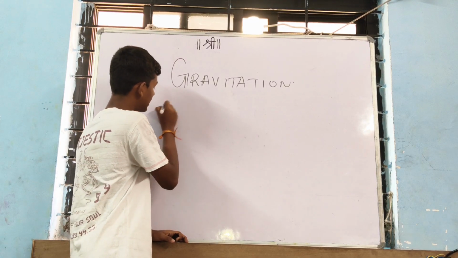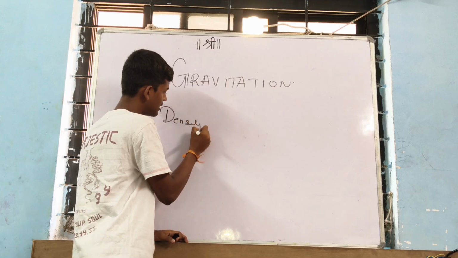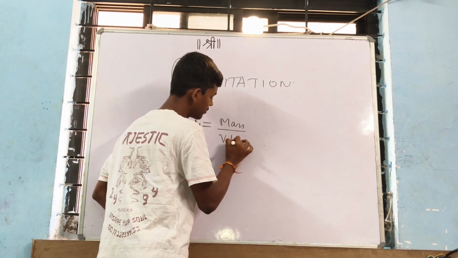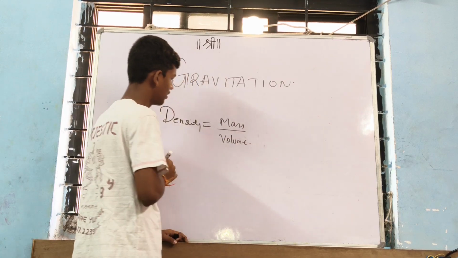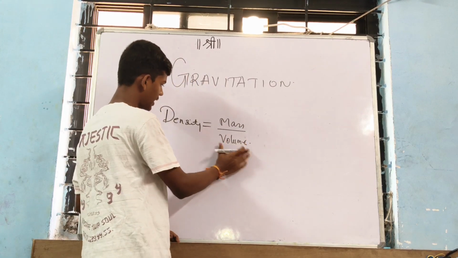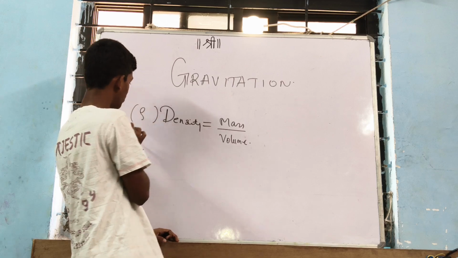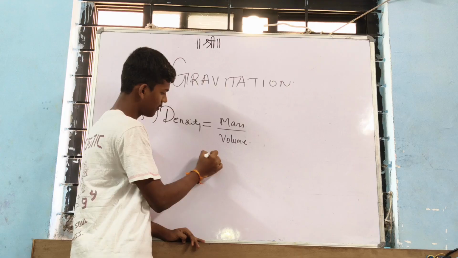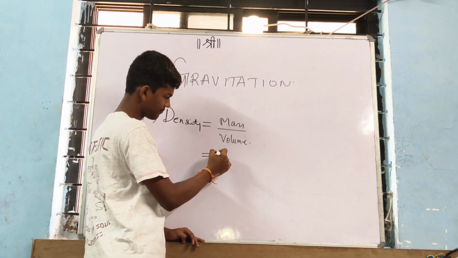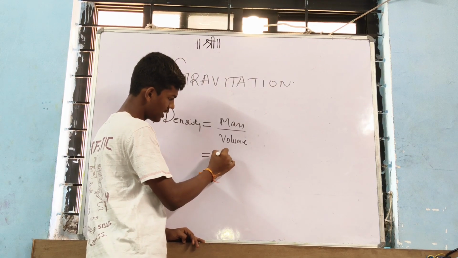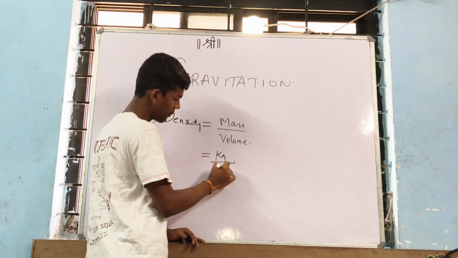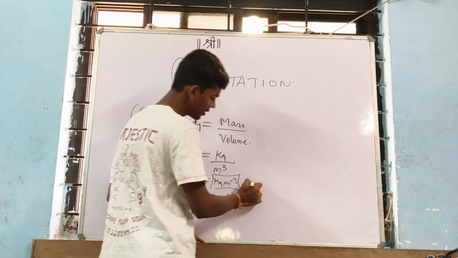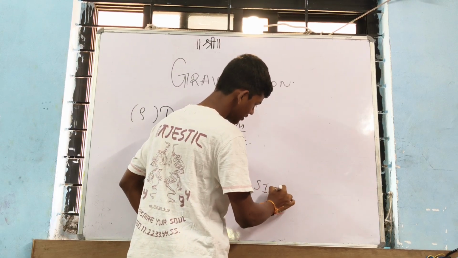So density is nothing but mass upon volume, and density is written as rho. Rho is the symbol for density, and the SI unit is mass in kg and volume in meter cube. Kg m^-3 is the SI unit of density.